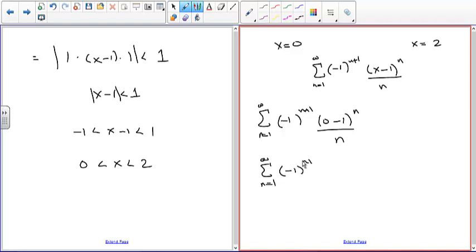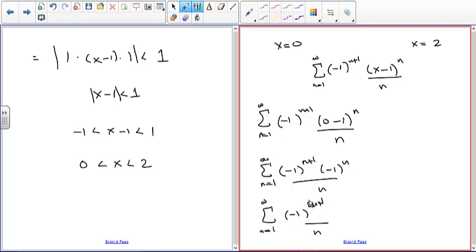So you get negative 1 to the n plus 1 times negative 1 to the n divided by n. And then you combine the two with the same base, so you add the exponents. So you'll have negative 1 to the 2n plus 1 divided by n.